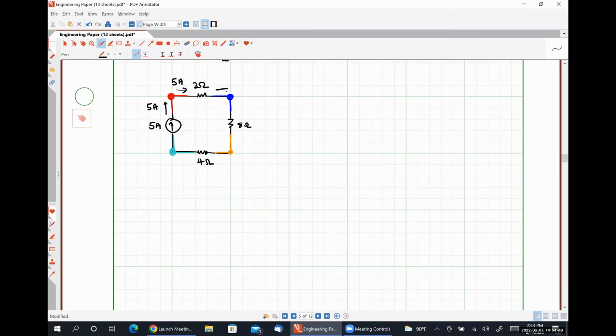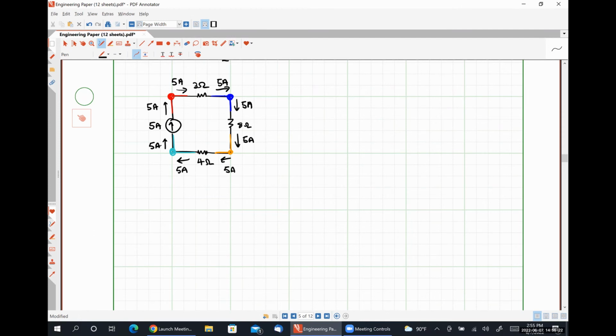That same 5 amps of current has to flow into this blue node and out of the blue node, into the orange node and out of the orange node, and then into the teal node and out of the teal node.